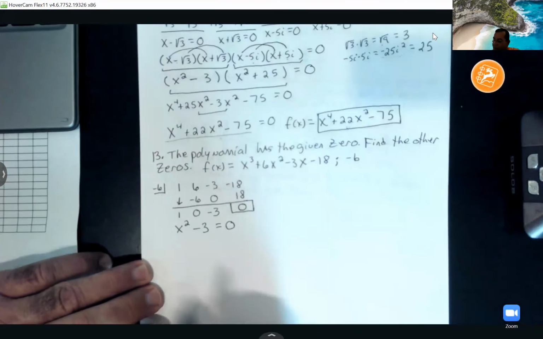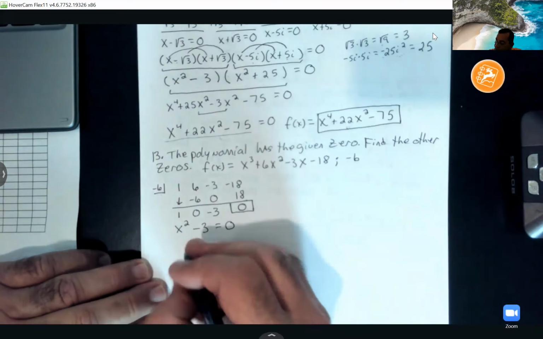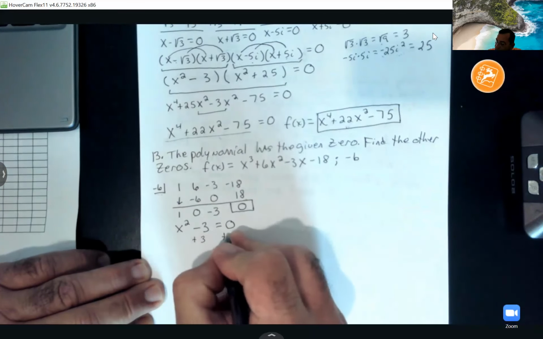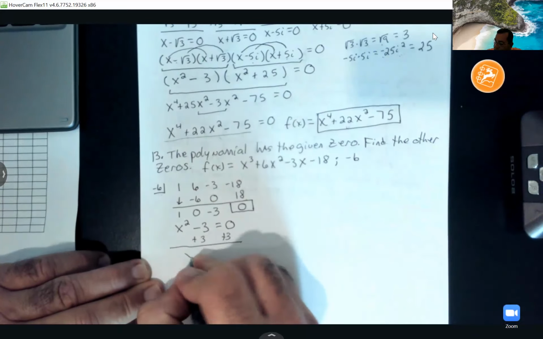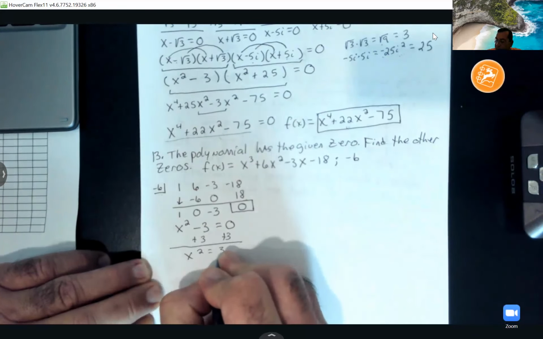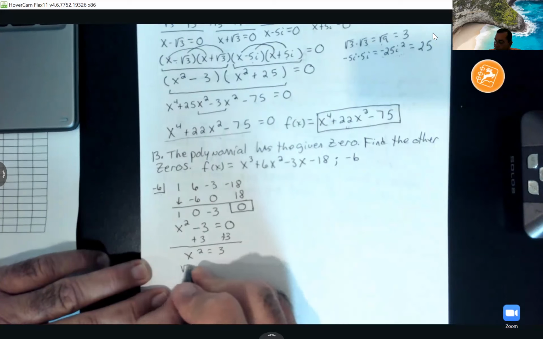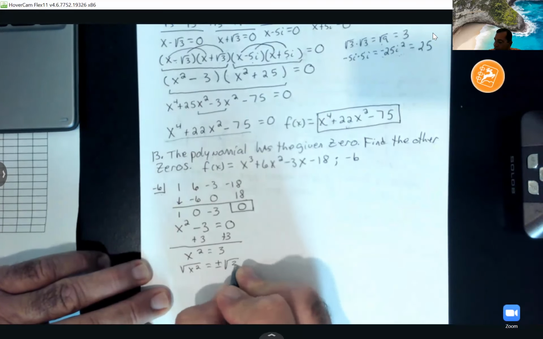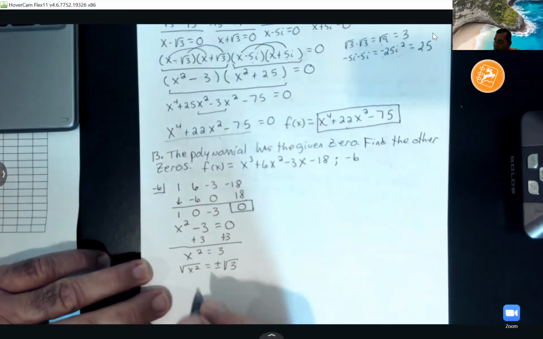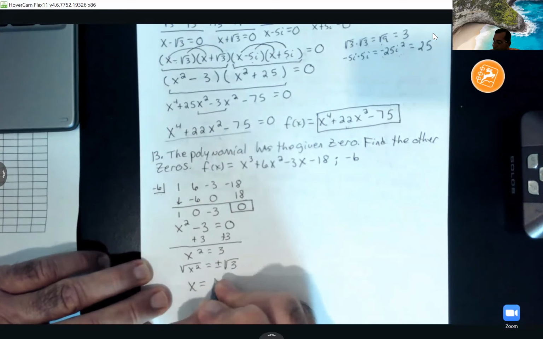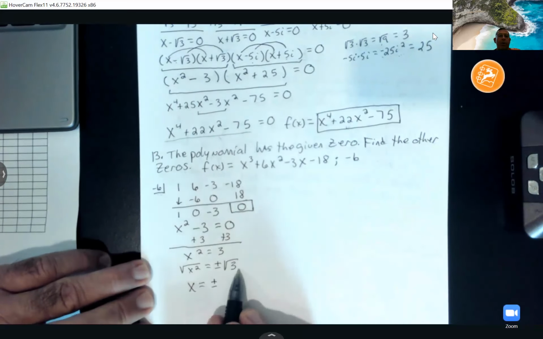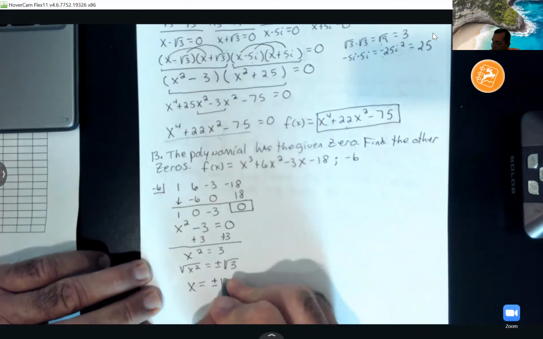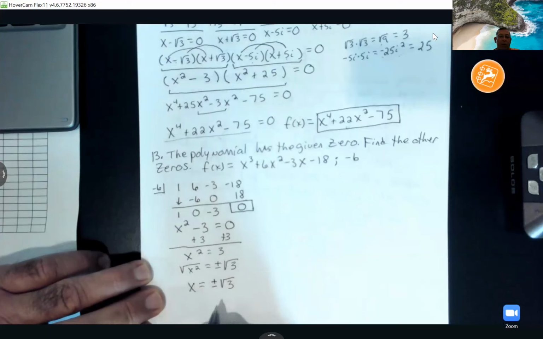Oh, you also remember, I'm going to add 3 and do my square roots to this. So I get x squared equals 3. I'm then going to square root both sides, so that'll be a plus or minus square root of 3. So that gives me my x. And y'all, guess what? I can't do anything with that square root of 3 because that's not a perfect square. So that's just going to give me a plus or minus square root of 3.